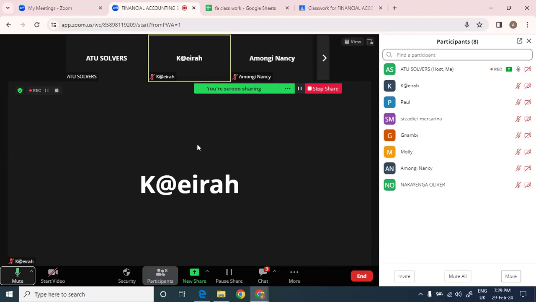The second one is at subsequent recognition, in brackets, the revaluation model.